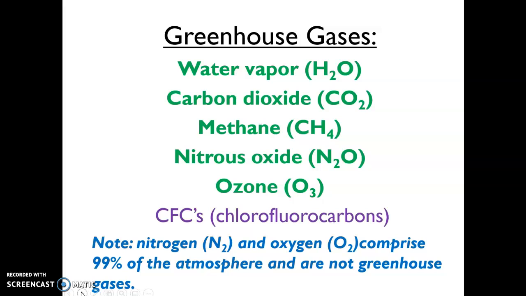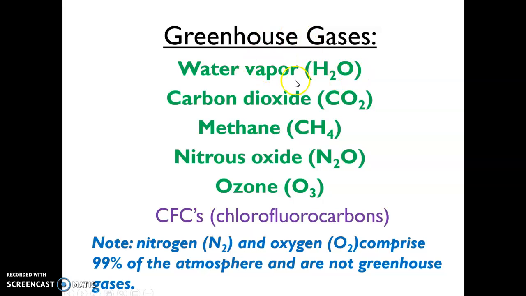Now, here's an important point. Most of the atmosphere, 99% of it, is made of just nitrogen in the form of the N2 molecule and oxygen in the form of O2 molecule. That's 99% of the atmosphere that does not contain greenhouse gases. So therefore, you can see that these are going to be present in very small quantities, but those small quantities can still have large effects.